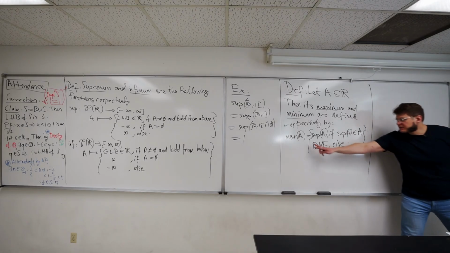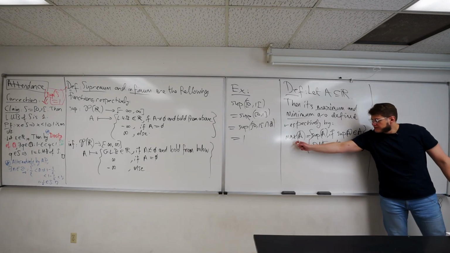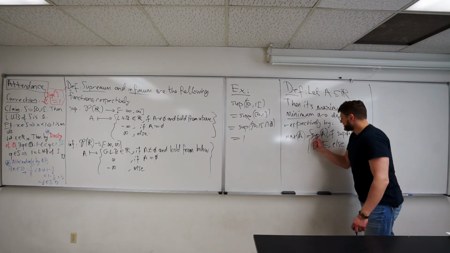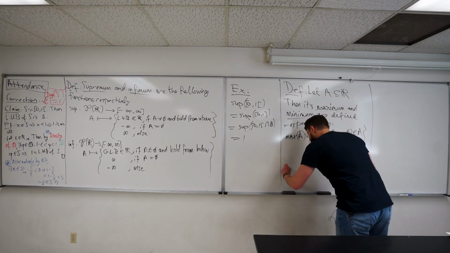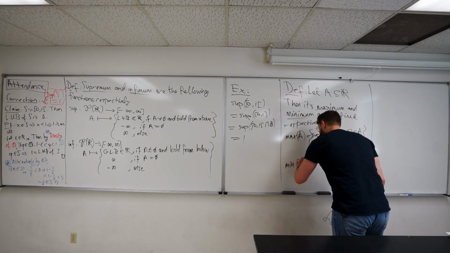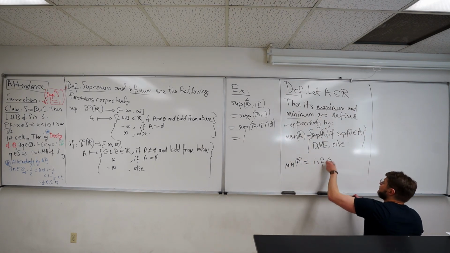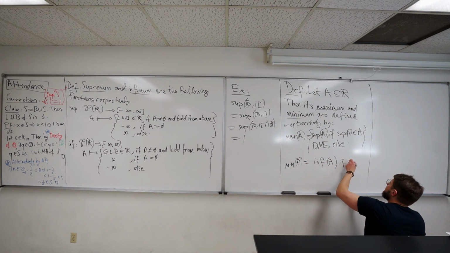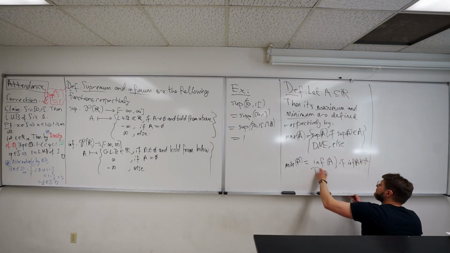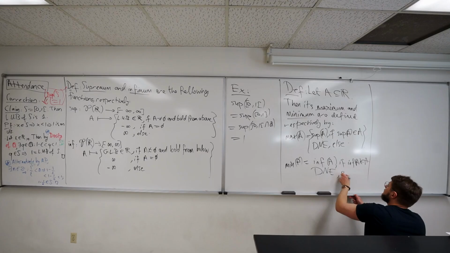And likewise, the relation between min and inf is similar. Min of A is inf of A insofar as inf of A is indeed a specific point in A, and it is not defined otherwise.